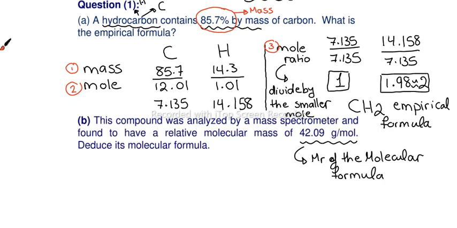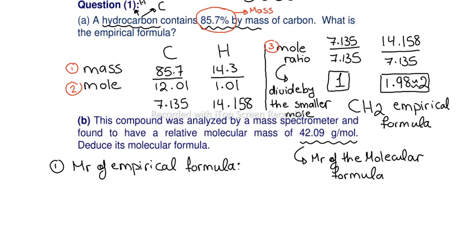I'm going now to teach you how to go step by step to calculate the molecular formula. Step number 1, you need to find the molar mass of the empirical formula, and we already did the empirical formula before. So you cannot answer B if you didn't first obtain the empirical formula.